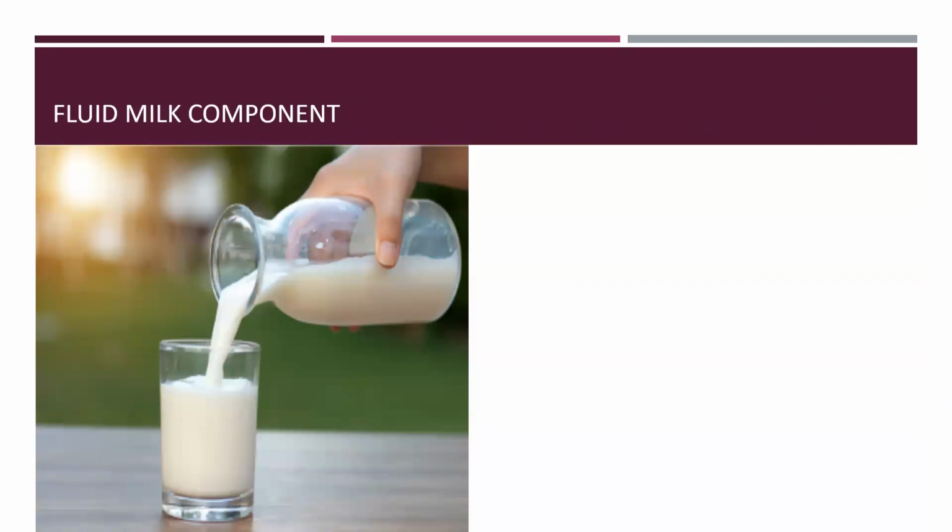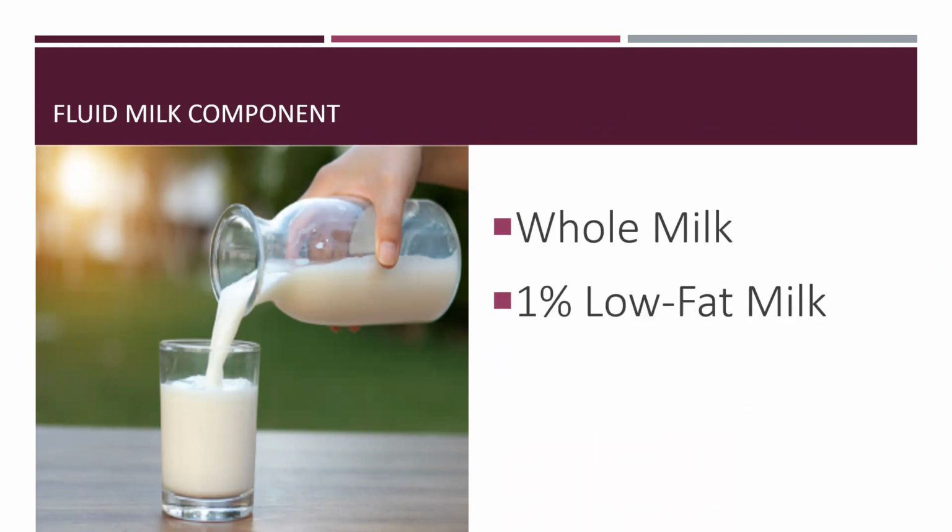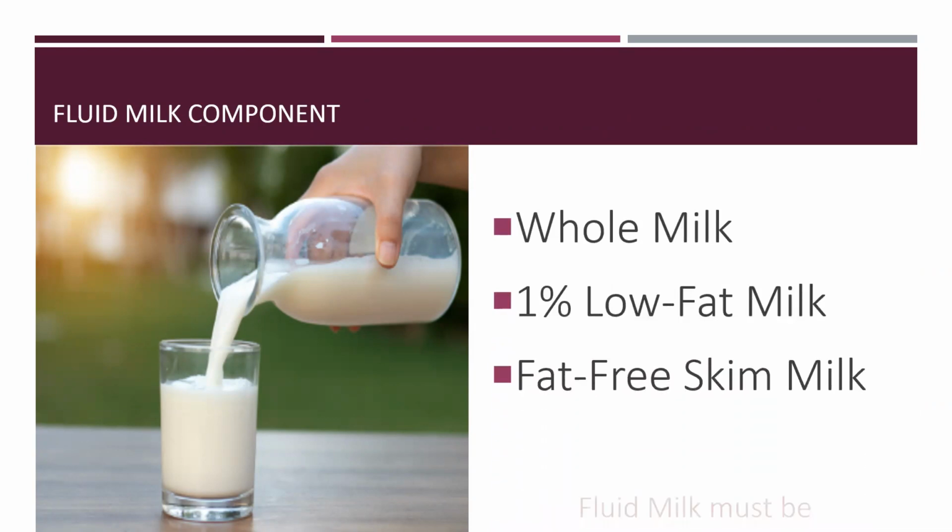The first component we're going to discuss is the fluid milk component. There are 3 different fat contents that are allowable in CACFP meal patterns. Those are whole, 1%, and skim or fat-free. A reminder, fluid milk must be pasteurized.